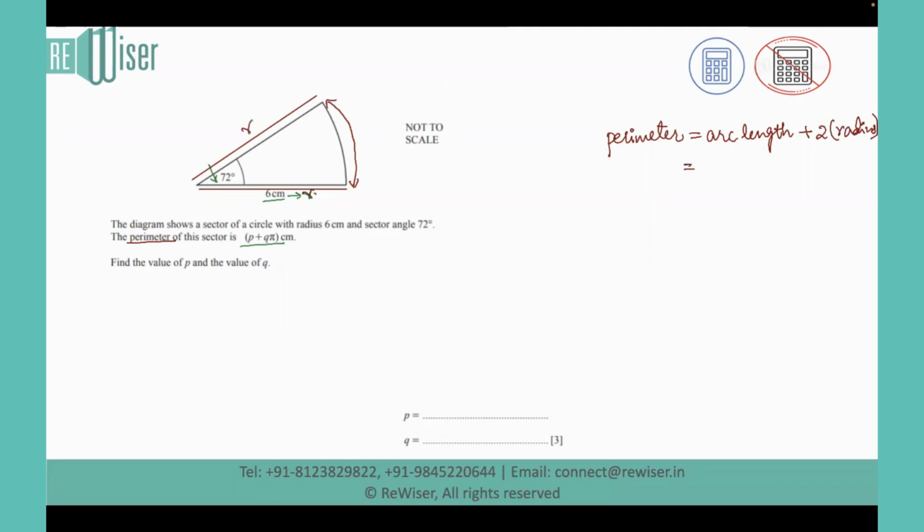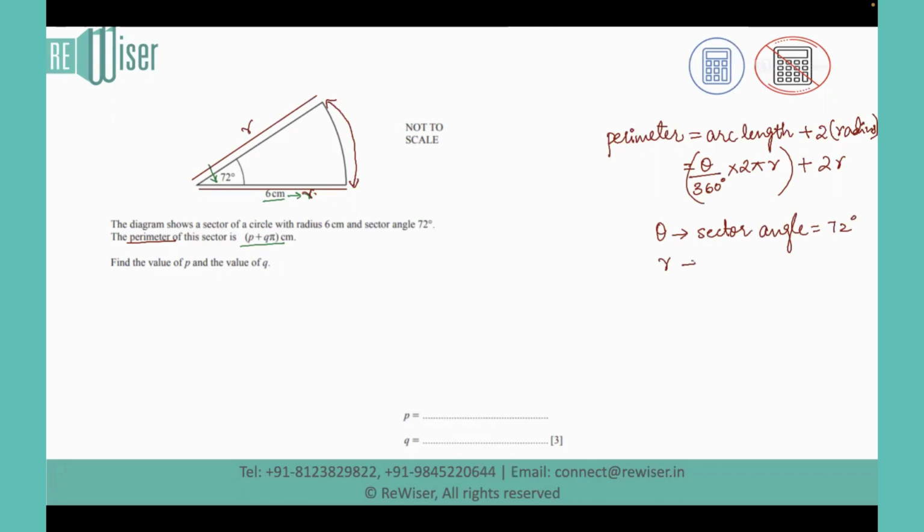So the formula to calculate arc length is theta by 360 degree times 2 pi r, plus 2r, theta being the sector angle, and in the question it is given as 72 degree.